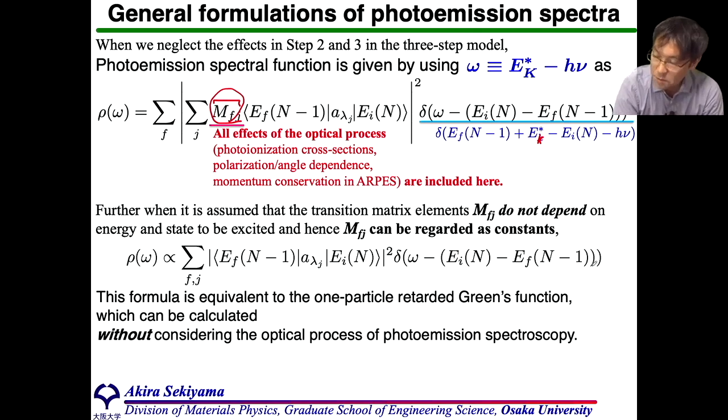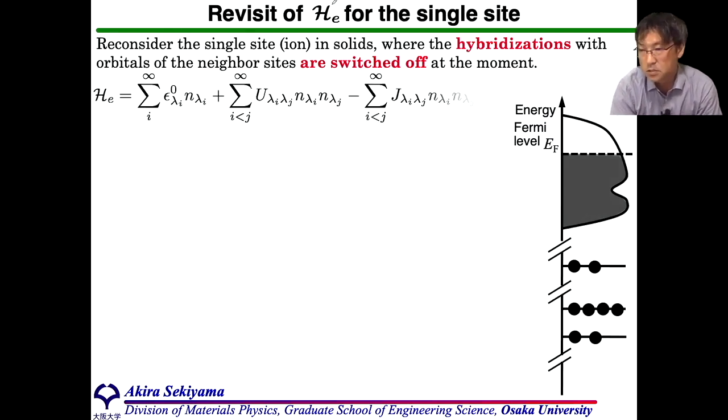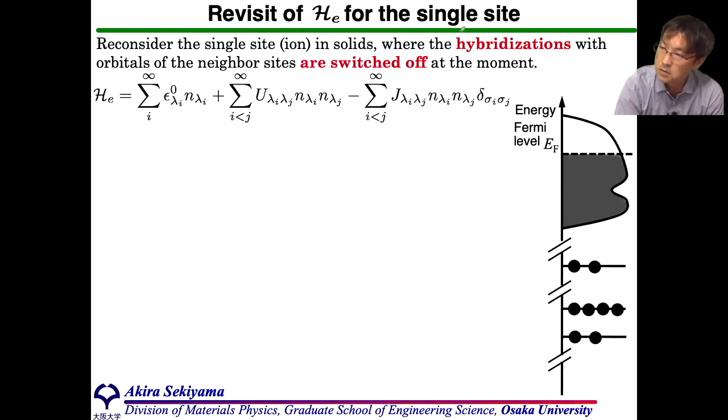But in this simplification of the formulation of the photoemission spectra, we do not care about the specific experimental configuration for the general spectral function. Then I revisit the electron Hamiltonian for the single site to obtain the core-level photoemission spectrum.